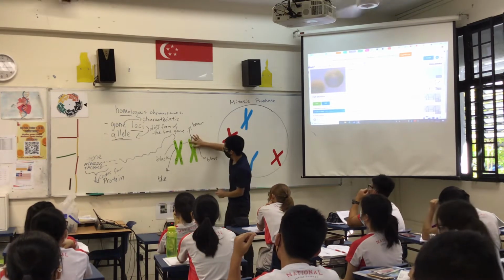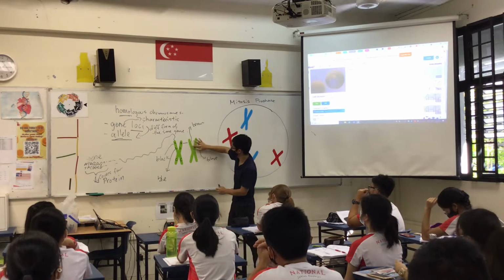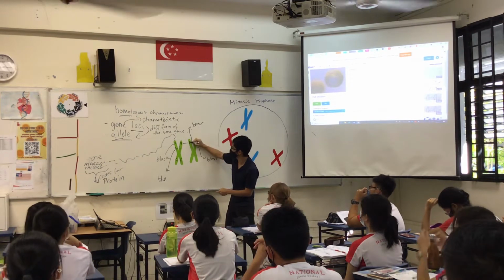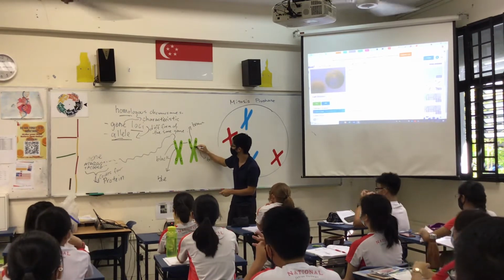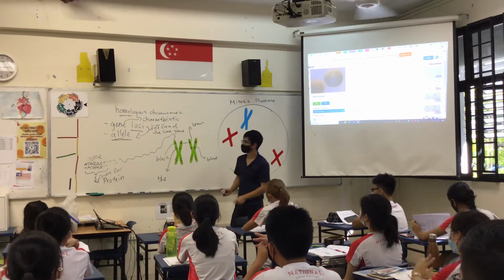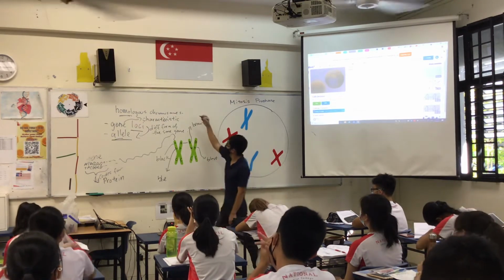A misconception is that homologous chromosomes need to have exactly the same alleles. So I'm going to write it out here.